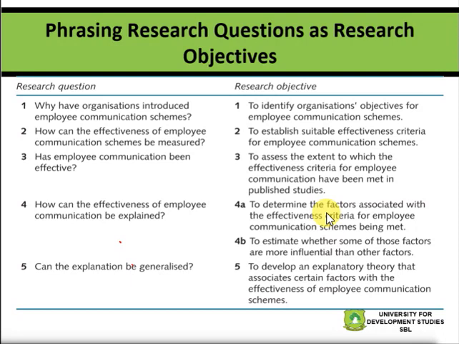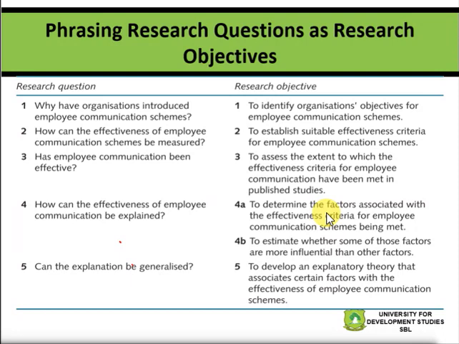So you see that the research questions are stated such that you cannot just answer them with a simple yes or no. You will have to conduct some research in a systematic way to be able to answer those research questions. So you cannot ask a research question like, do organizations introduce employee communication schemes?